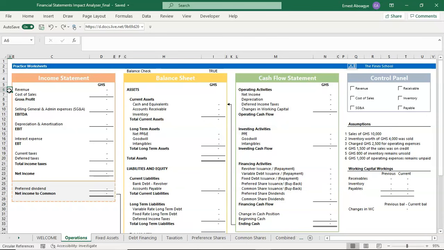Now, let me add that you can also make some other income from activities which are not core to your operations. For instance, we can make gains on disposal of an asset. So if we have an asset and we sell it and we make a profit on that asset, that becomes other income. And that will also be part of our revenue, even though it is not from our main activities.